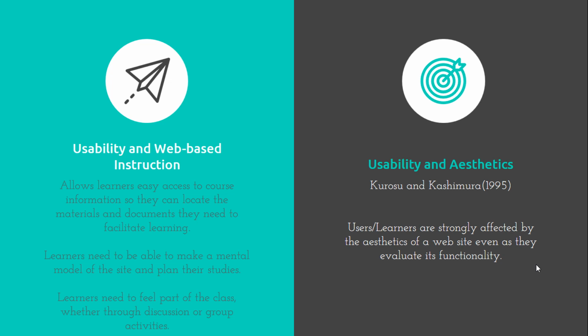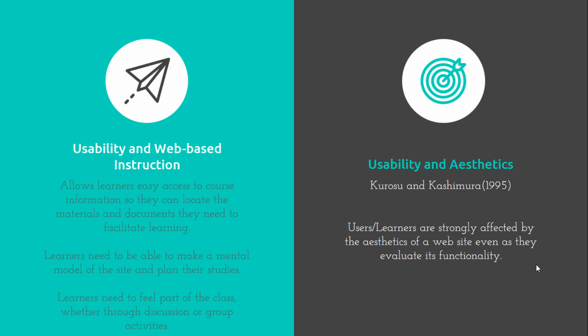Usability and web-based instruction. To succeed in web-based instruction, learners need an interface that has a high degree of usability. Relating Rosen and Carroll's 2002 perspectives to an online course site, first, learners need an interface that facilitates human performance and makes good use of learners' time while minimizing errors.